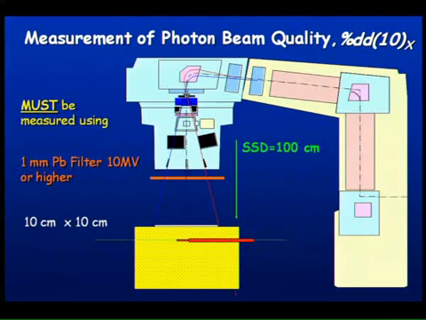Our beam quality for photon beam is for pure photon only. So to account for that electron contamination effect, the protocol recommends that you put a 1 millimeter lead filter for 10 MV or higher beam at a certain distance from the phantom surface, 50 centimeter, and if the clearance does not allow.